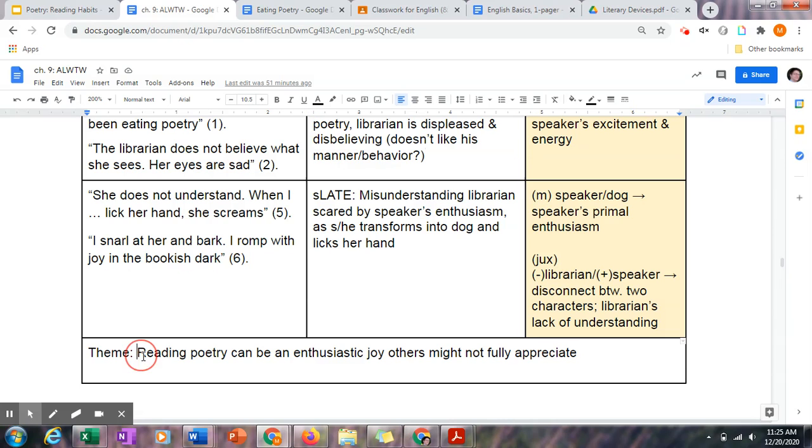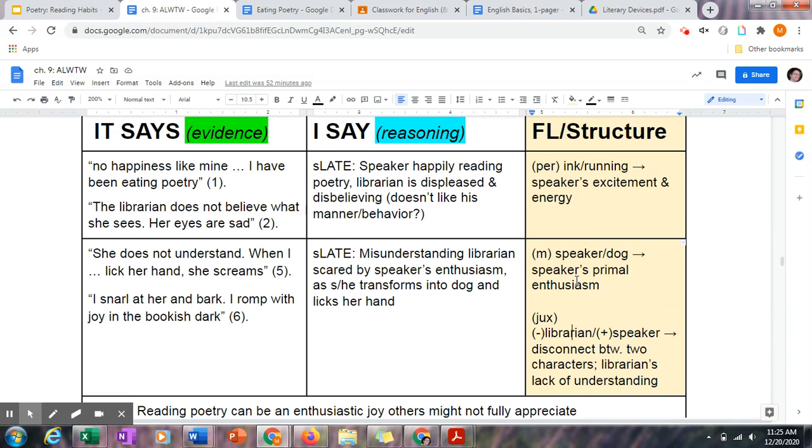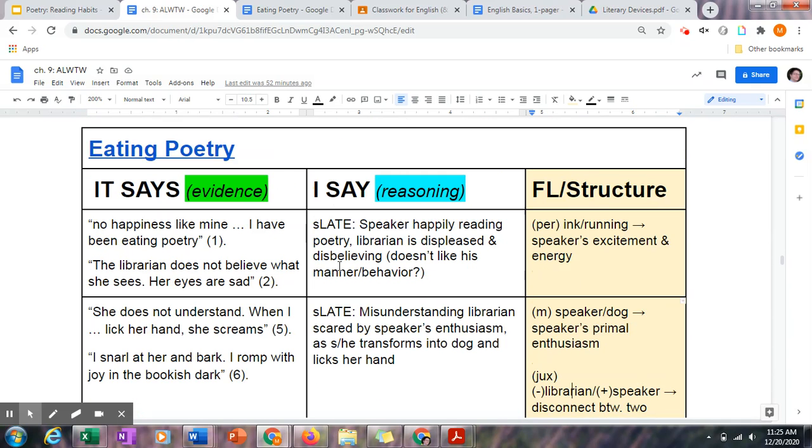So the message, and what I put as my theme note in the last row, is that reading poetry can be an enthusiastic joy, but others might not fully appreciate it. You have now seen how to use three-column notes to analyze a poem.